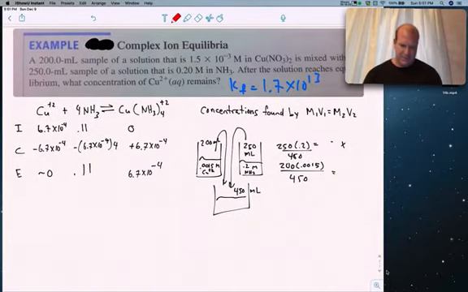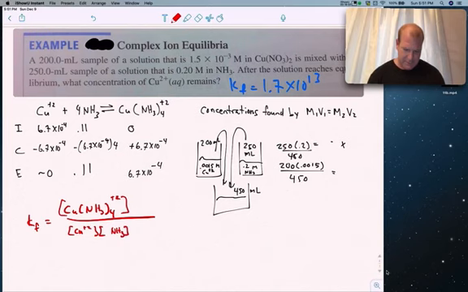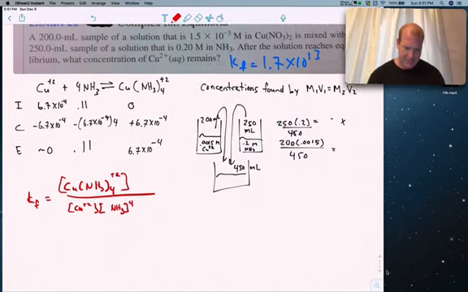When we solve this equilibrium expression, the Kf is going to be the product, the Cu(NH3)4 2+ concentration, over Cu2+ times NH3 to the 4th power.